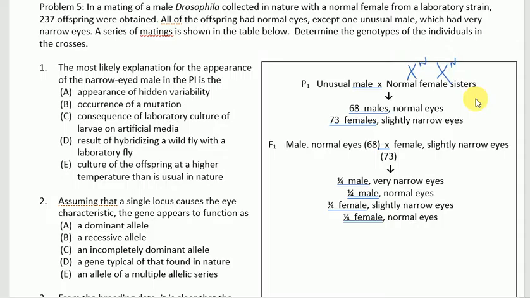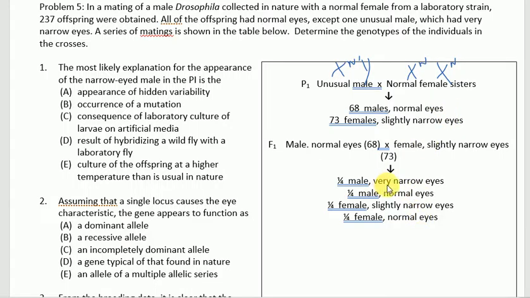So, here we have an unusual male with narrow eyes. But we have slightly narrow, we have very narrow. So in this case, this would be our kind of incomplete. So it would be an X N prime with a Y. Okay? And then we could do that cross.